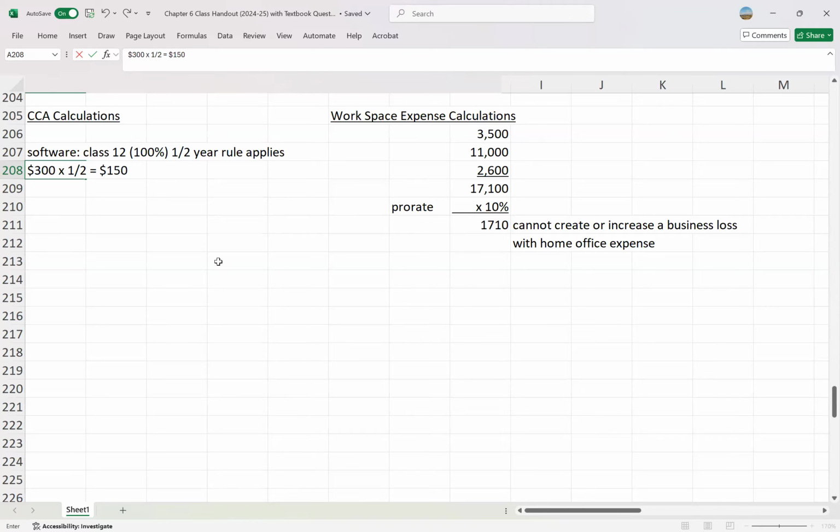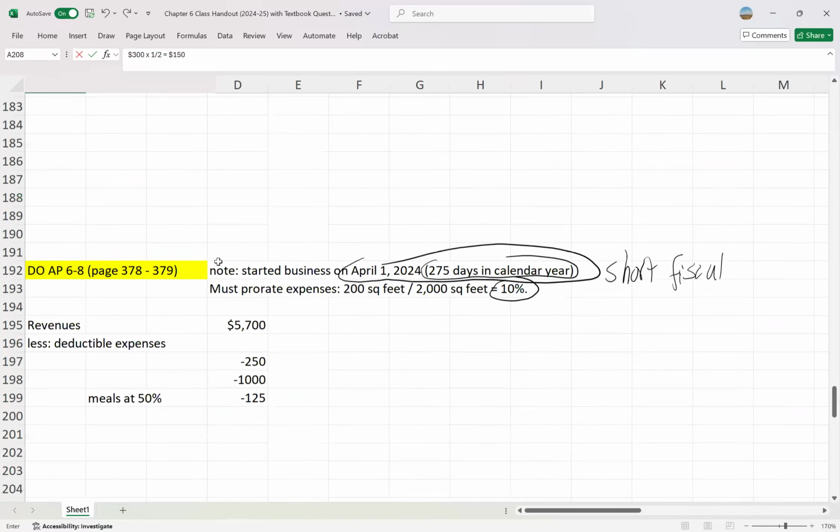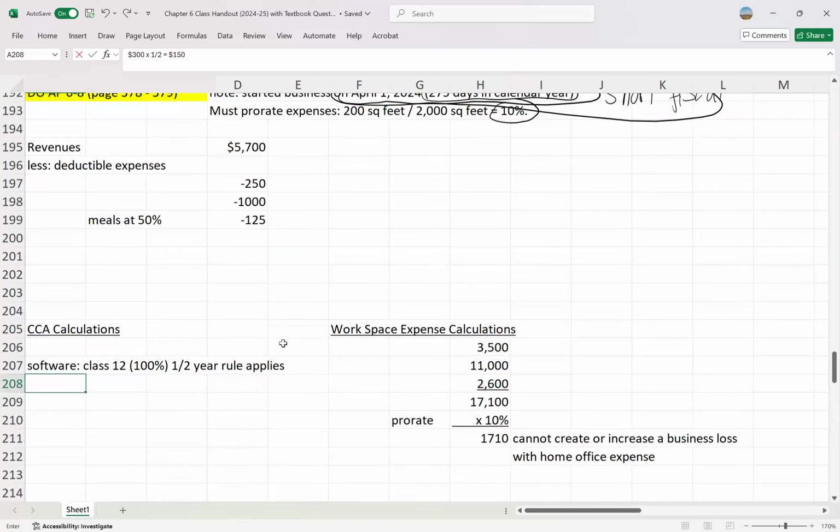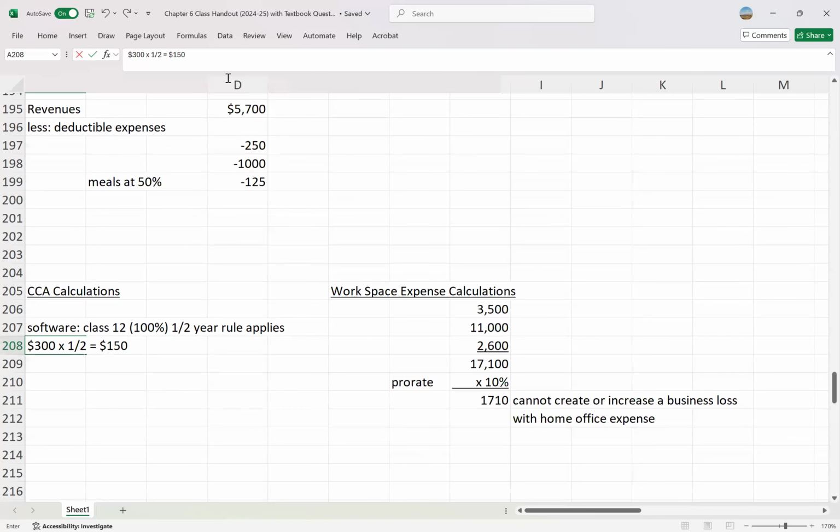But remember we talked about that short fiscal year? We said that because this is the first year and it's a short fiscal year, we have to prorate the CCA by the number of days in the fiscal year, which is 275 over 365. So that 150, we have to multiply by 275 over 365.